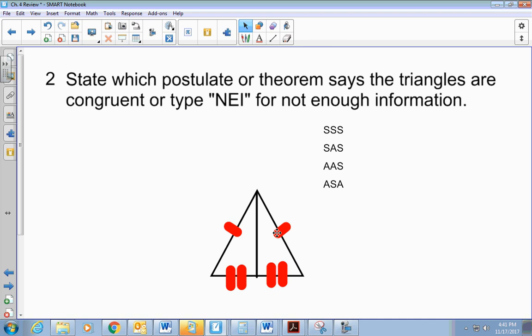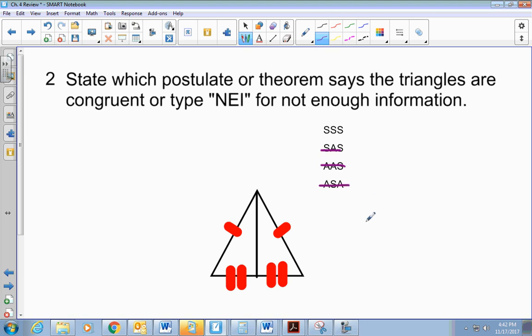They give us that information. And we want to look around, be good detectives, and see if there's any information on angles. So I look, there's nothing in the corner, no congruent marks, no little rainbows in the corner. So none of my theorems with angles in it are going to work.